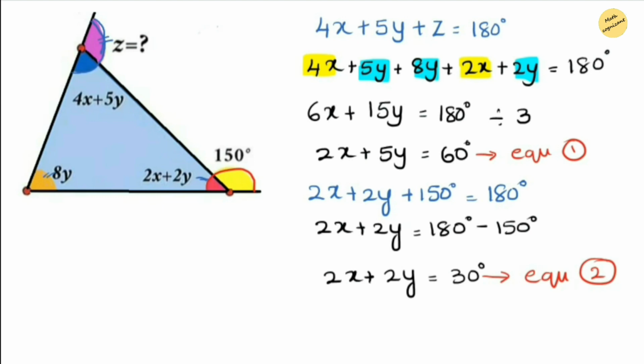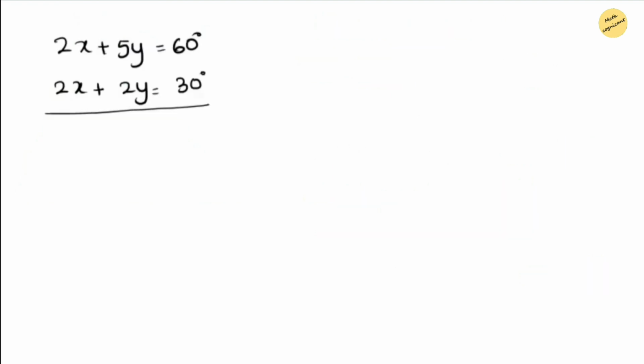So let's solve them using the elimination method. You can watch my previous video about the elimination method, on how to solve linear equations. We have these two equations here, and let's change the sign by multiplying the second equation with a negative sign.